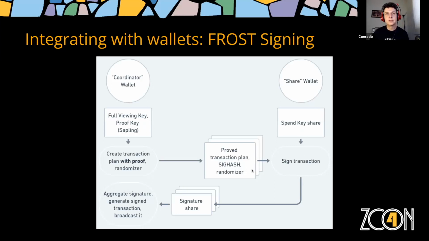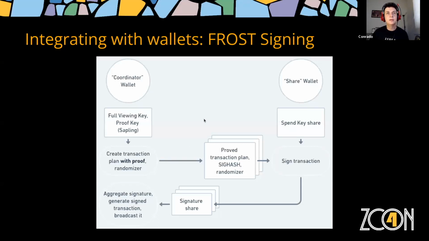You send this transaction plan, the Zcash, and the randomizer to the other wallets, and the other wallets only have the FROST share and all the information derived from that, and they sign the transaction, they generate a signature share, and this coordinator wallet aggregates them and broadcasts it.